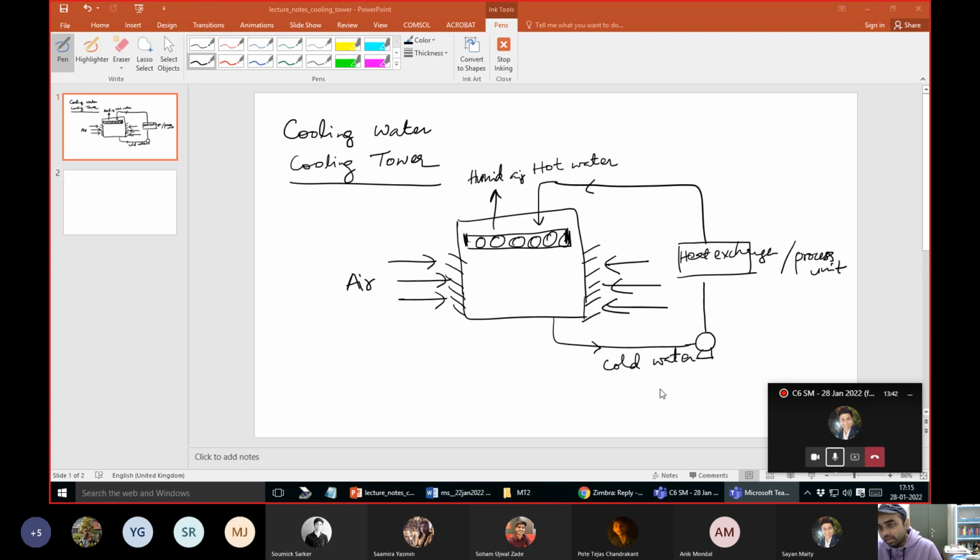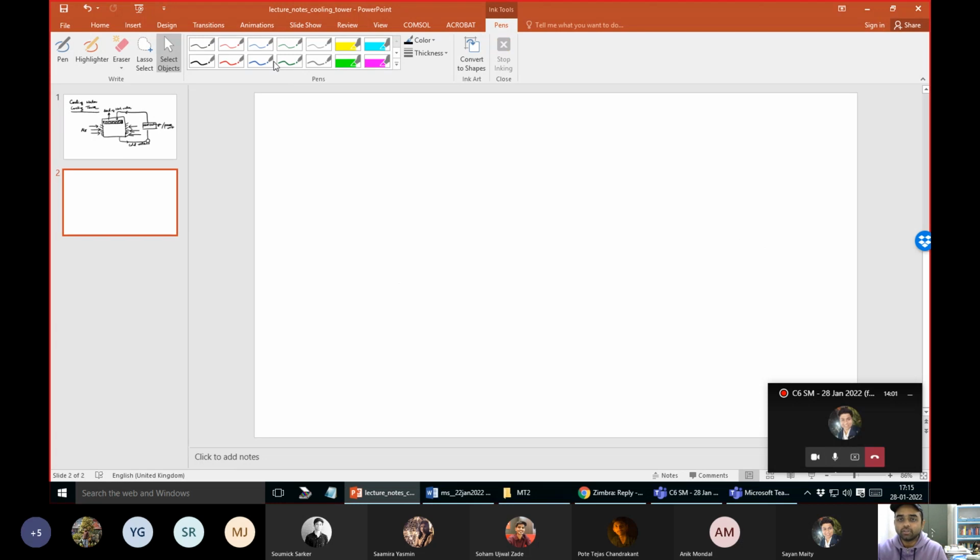Okay. Now, before we talk about the different operations in the cooling tower, it is also important to understand the classification of a cooling tower, right? So, generally, the cooling towers are classified, as I was trying to say to you. Let me try to make a small chart for you.